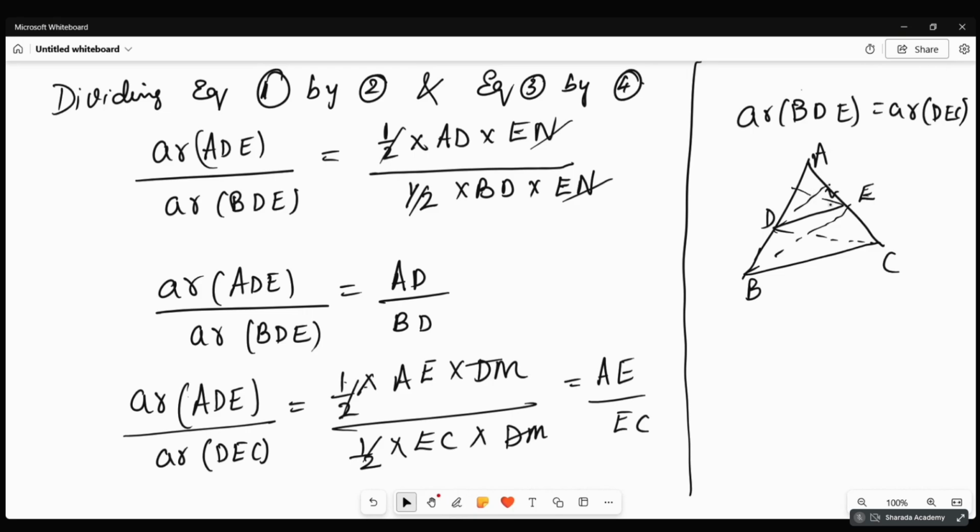Both are triangles. Both are inside. This BDE and another one, DEC.